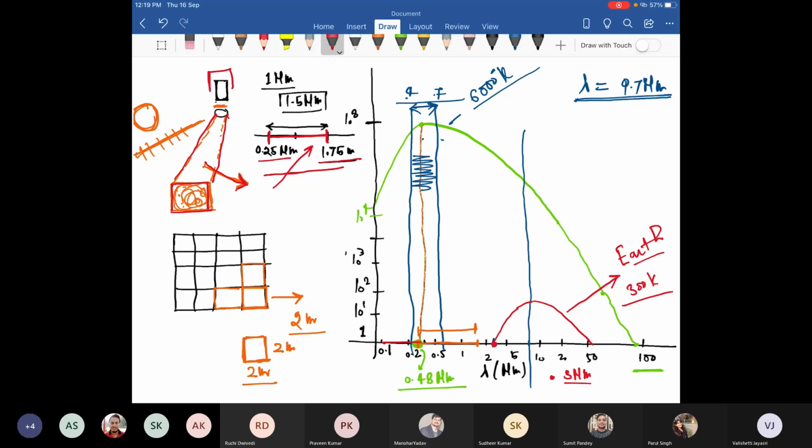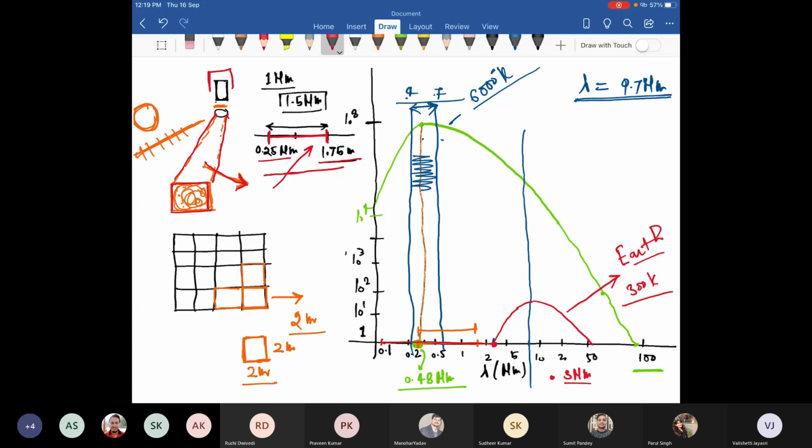Do we have a radiated component from Earth? No, sir. So if we don't have a radiated component... Sir, may I say something? Okay, please continue. Sir, when the sun's rays come, they come in small wavelength, and when Earth radiates, it is in large wavelength.